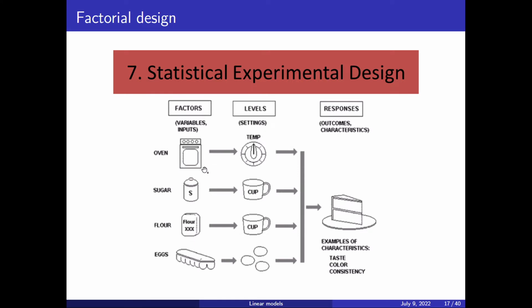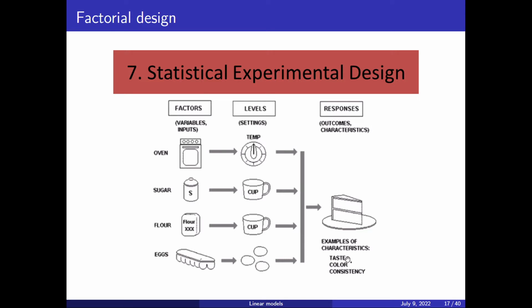So for instance, let's say for the oven you have 3 possible temperatures, for the sugar you have 5 different possibilities, for the flour you have only 2, and for the eggs you have 3. You try all combinations, all versus all, and for each one of the combinations you measure somehow the taste, the color, and the consistency of your cake. You have to put a number on the color and a number on the taste somehow.